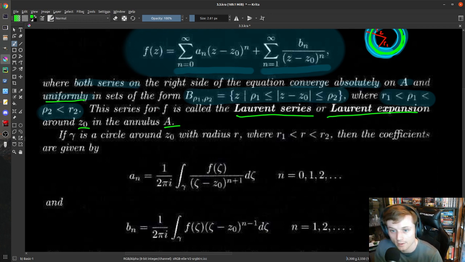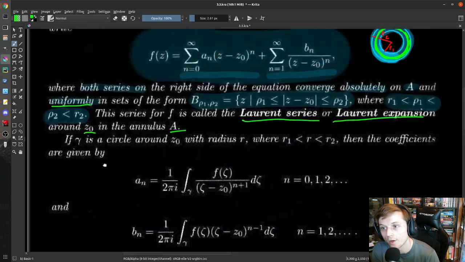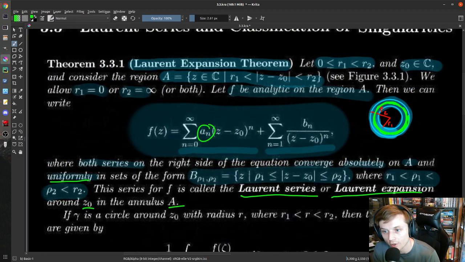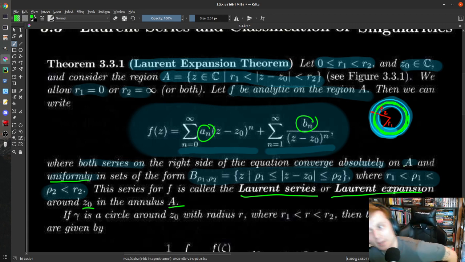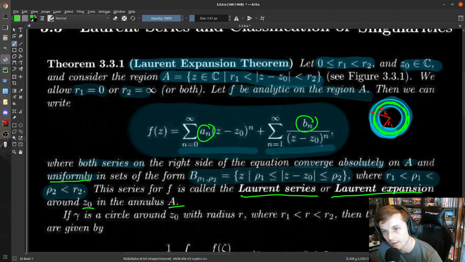All right, so what are these terms? After all, the z's and z naughts and n's, that just comes automatically. What are these a_n's and b_n's? How do we actually write an analytic function on an annular region like this?